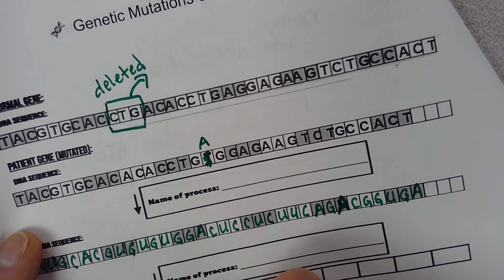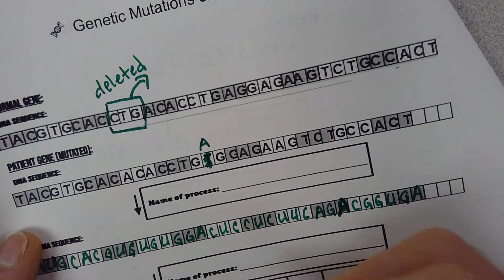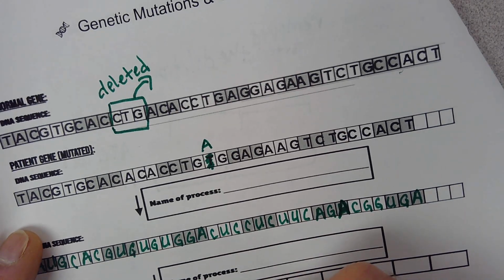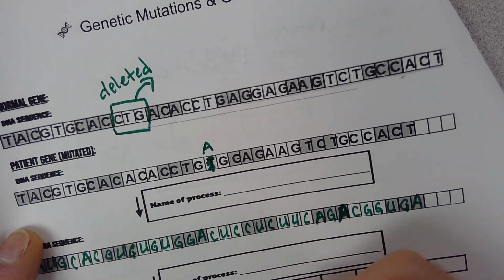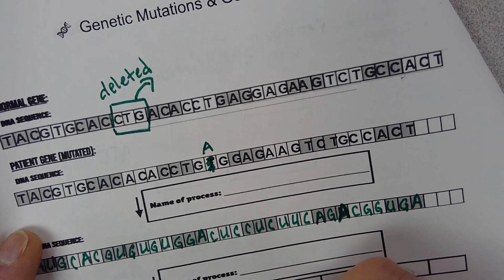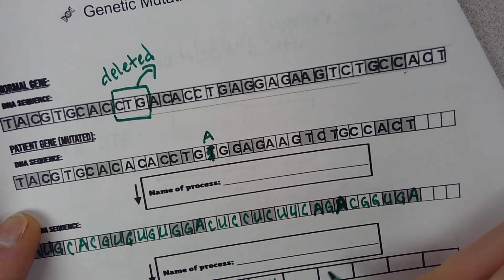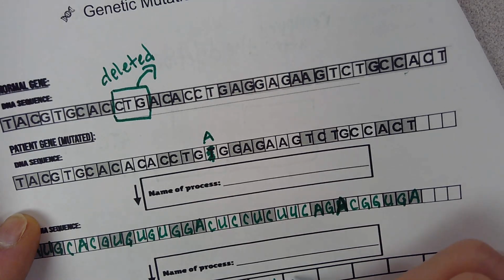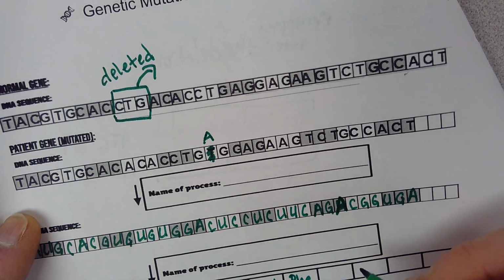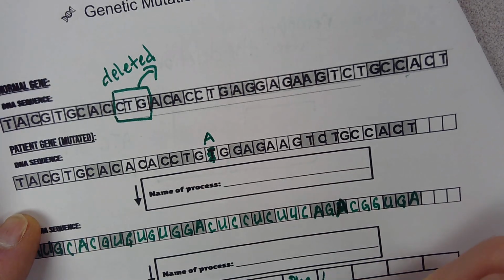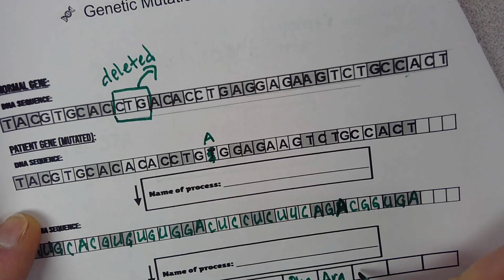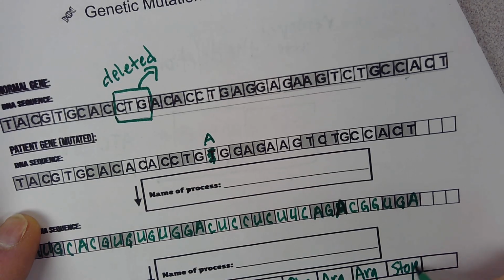CYS. Yep. Gotcha. His. What's that, Leu? LEU. PHE. ARG. Okay. And another ARG. And then stop. Thank you, Regina.